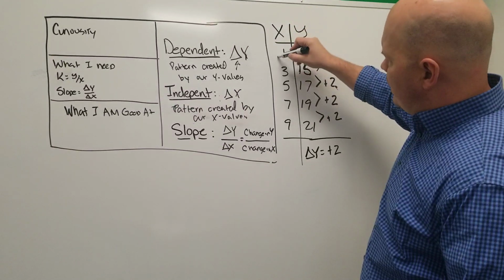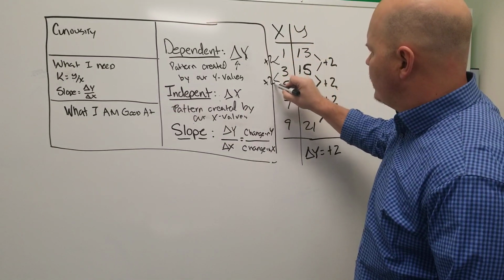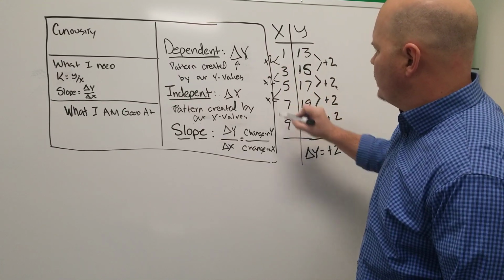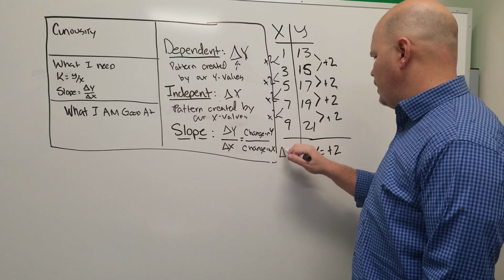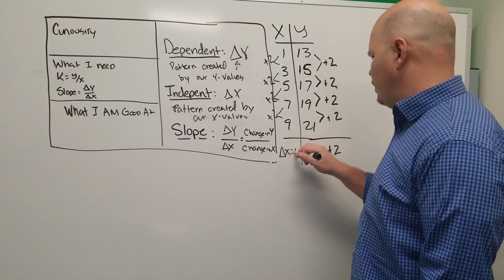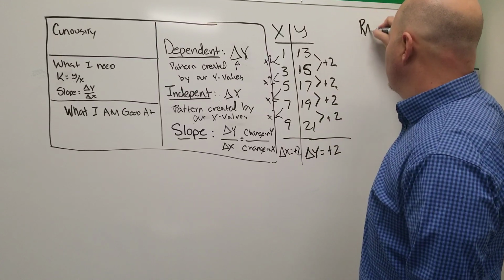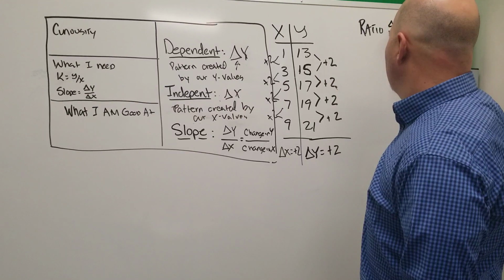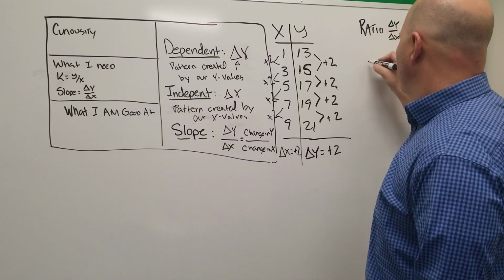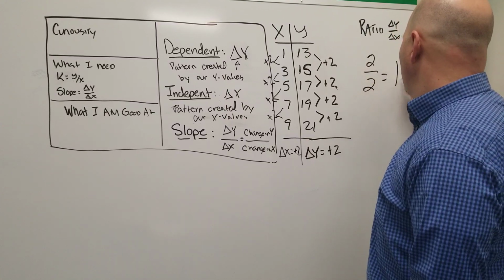My change in X values is plus 2, plus 2, plus 2, plus 2, or my change in X would be equal to plus 2 every time. So when I make my ratio, it's going to be my change in Y over my change in X, which in this case would be 2 over 2, or 1.